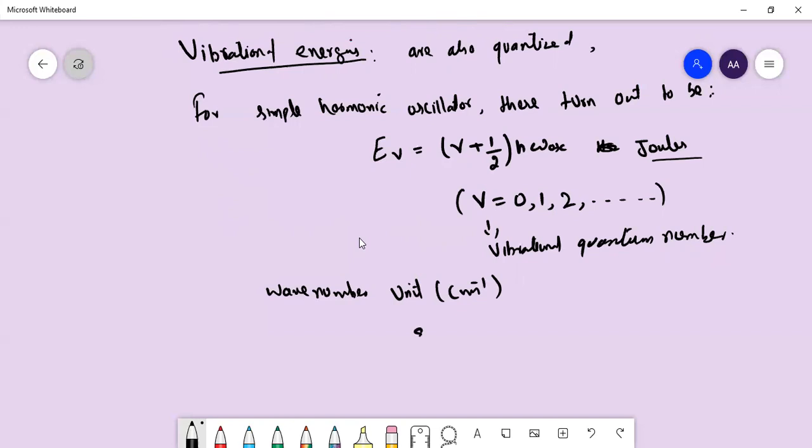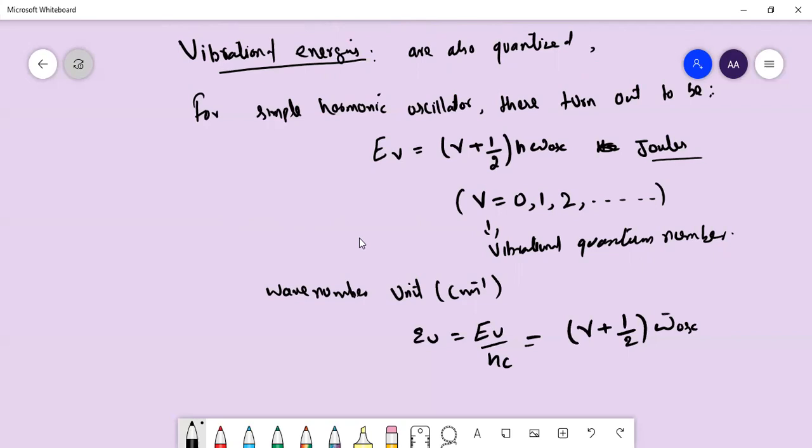For that, we take epsilon_v equal to E_v divided by hc, and when you do this, you will get the equation (v plus 1 by 2) omega oscillation. Here h and h will cancel each other, and we know that 1 upon c is equal to wave number.